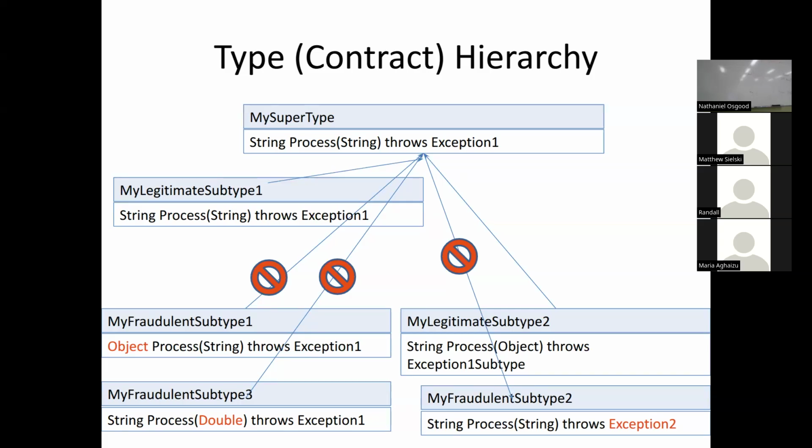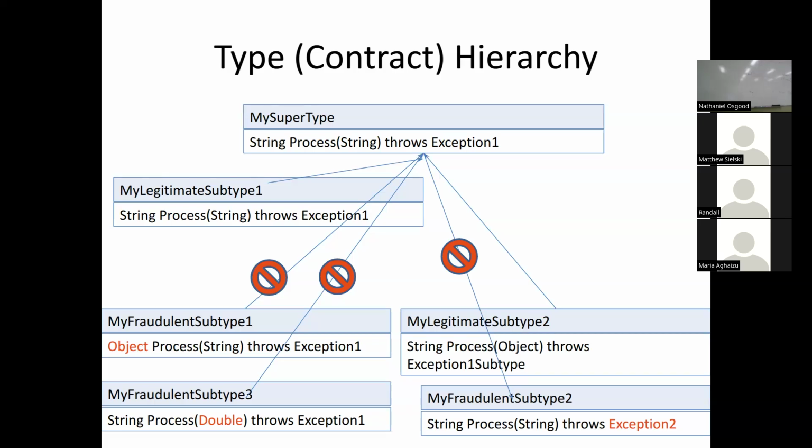So right. More advanced languages will accommodate these systematic changes. They will not accommodate something like taking a double as if it's a legitimate implementation of that method. But more advanced languages can allow you to take an object as the argument rather than a string, because an object is a supertype of string.